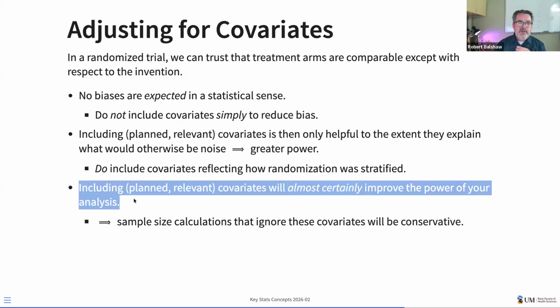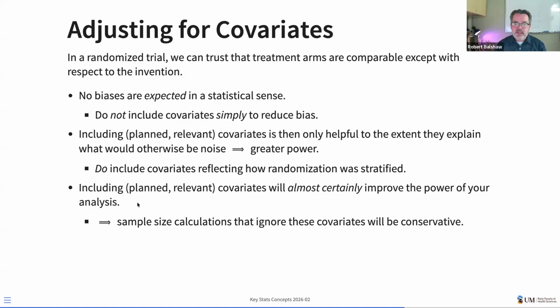And this I include because when you're doing sample size calculations, it can be extremely challenging to come up with a good understanding of how much impact will come from including planned and relevant covariates. However, in some more straightforward circumstances, it's possible to characterize in a sort of sensitivity analysis.